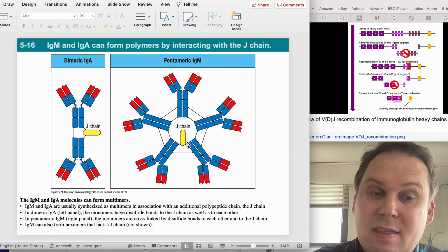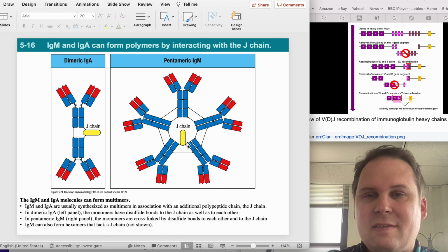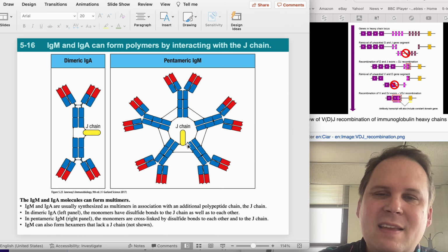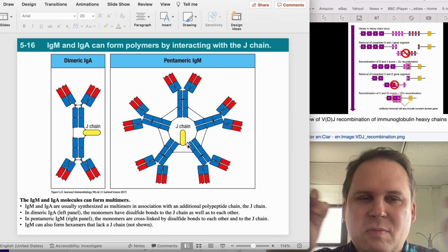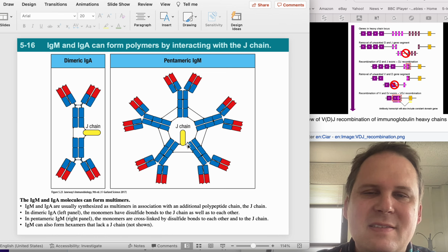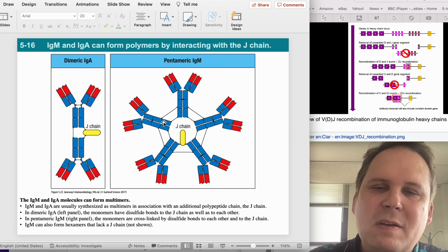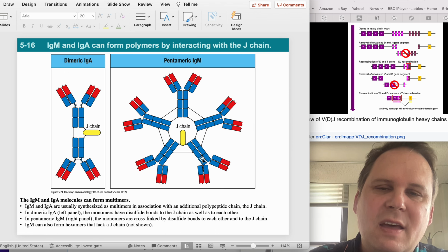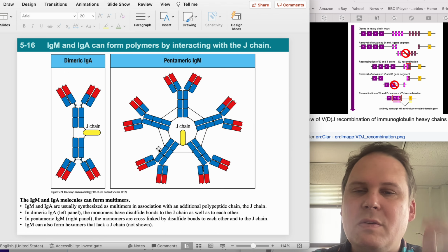It's different than the J exon. That's a joining exon. This is a joining chain. It's like a separate little protein that is made that actually sticks all of these together. It's like a little glue protein that brings the 5 antibodies together or brings the 2 antibodies together. And then allows them to, instead of disulfide bonding to themselves, disulfide bond to each other. So that's the thing that IgM can do.